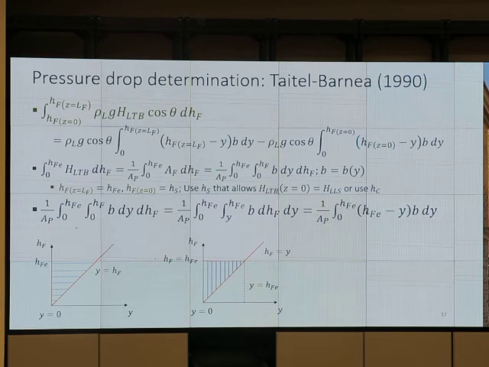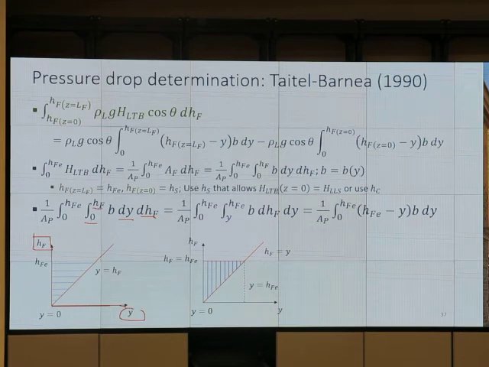So I look at the integration limit first. 0 to HF, and this is dy dHf. So I draw my axis. The horizontal axis is the y axis. The vertical axis is the HF axis. Alright, now let's take a look.